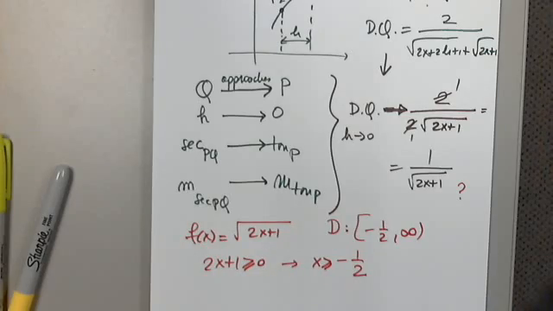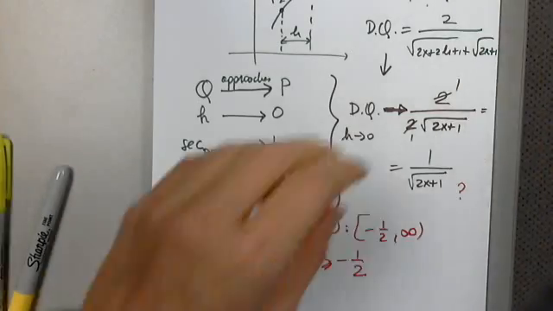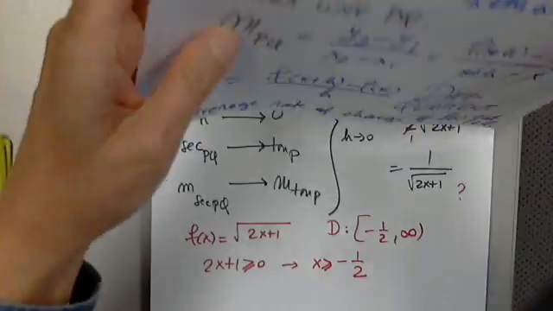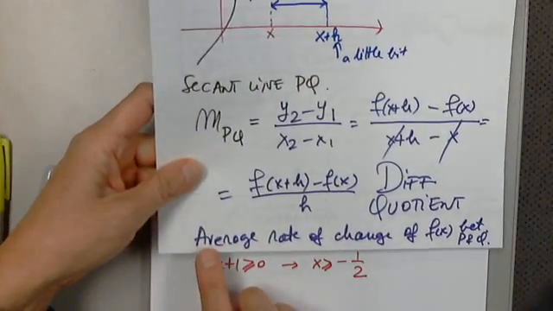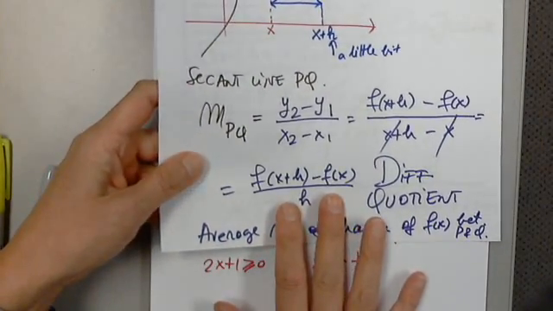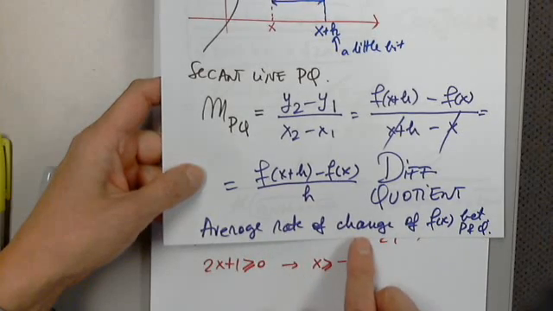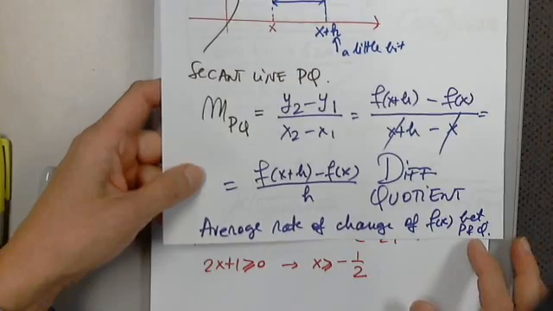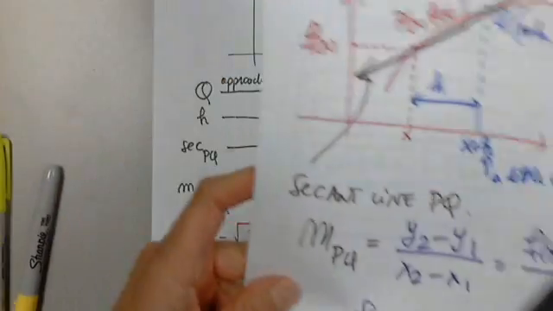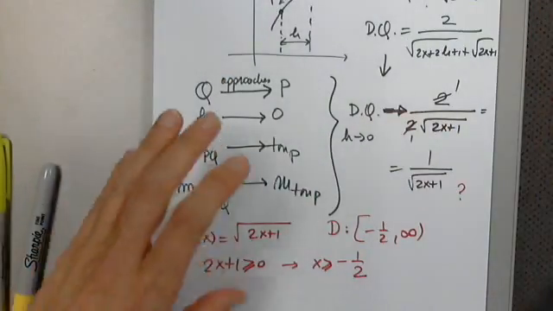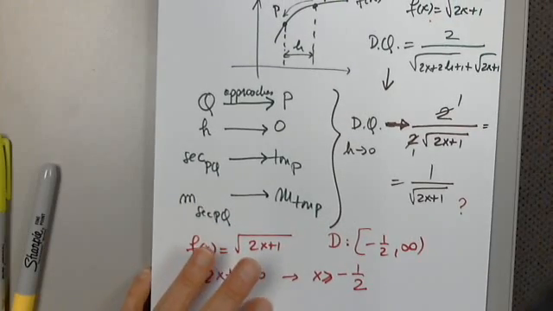What does it give? Let's go back to the previous notes. We said that the difference quotient is the average rate of change of a function, in this case the square root of 2x plus 1, between 2 points, P and Q. But now here's my question.